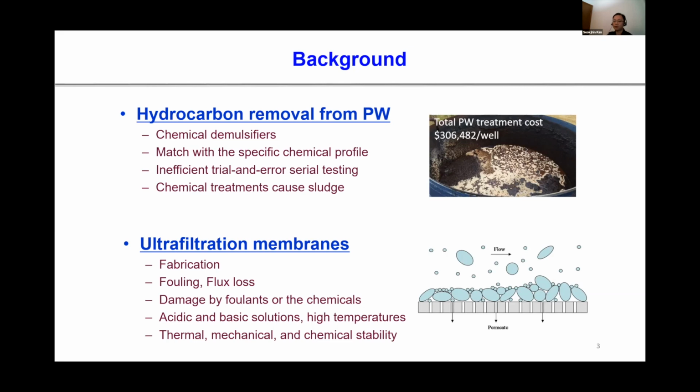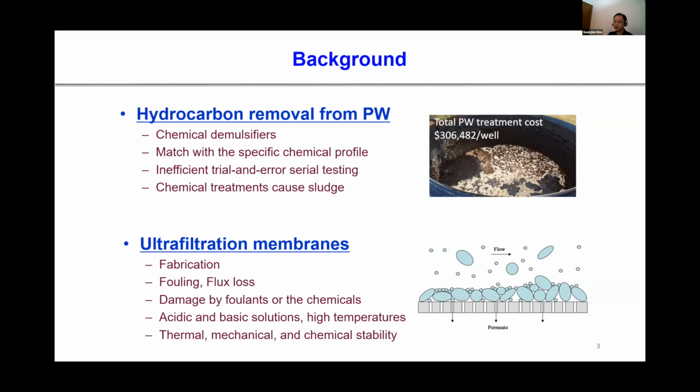However, there are two problems. Number one, fabrication. Membrane fabrication takes extensive time due to control of temperature, pressure, and cross-linking. Second, fouling. Fouling decreases membrane flux because contaminants can block membrane pores.